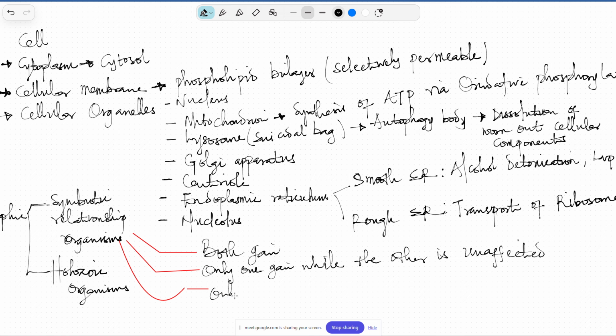Why only one gain while the other is affected? The other is affected.